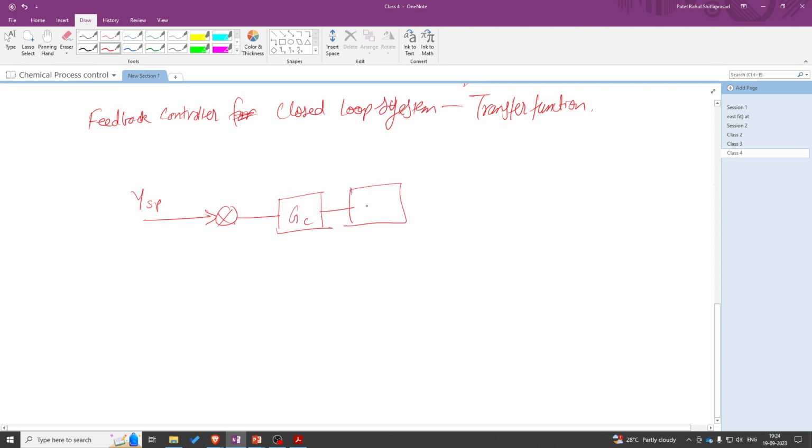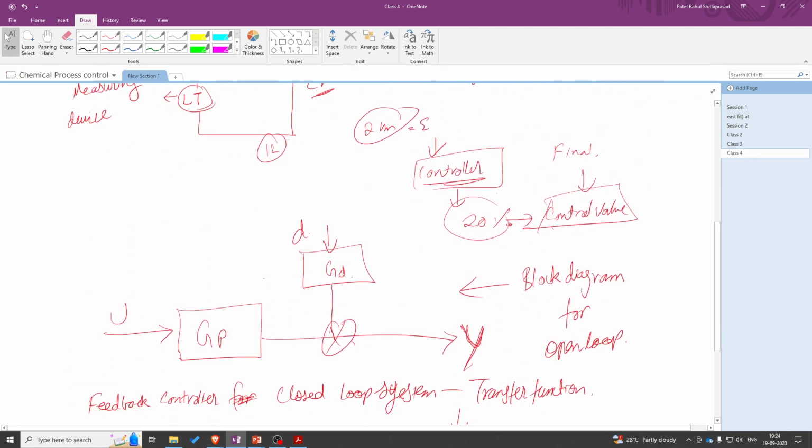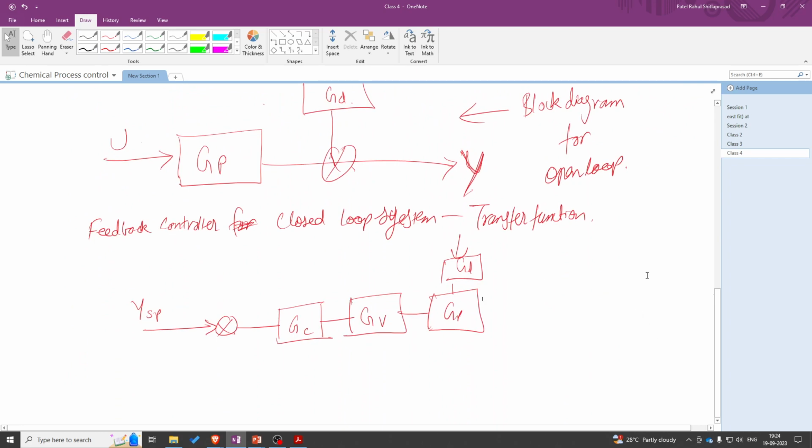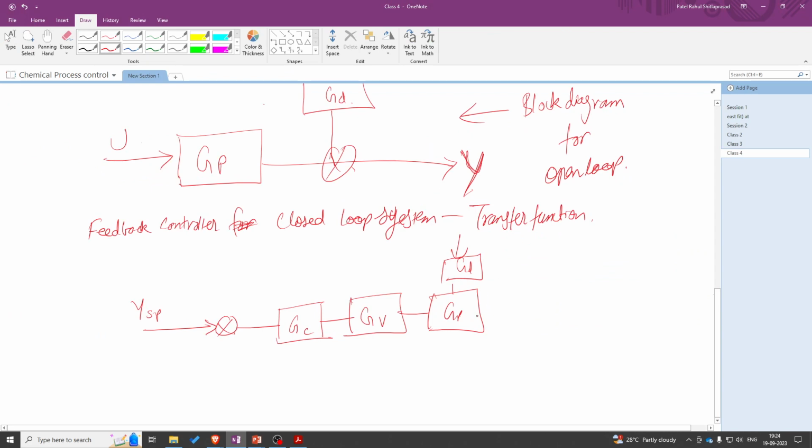Controller block diagram, final control element block diagram, process block diagram, disturbance block diagram. Just wait a minute. Then we have an output, the measurement variable, and this.